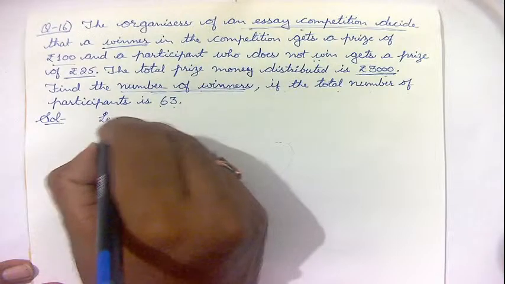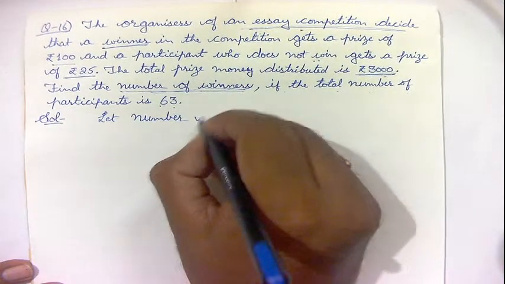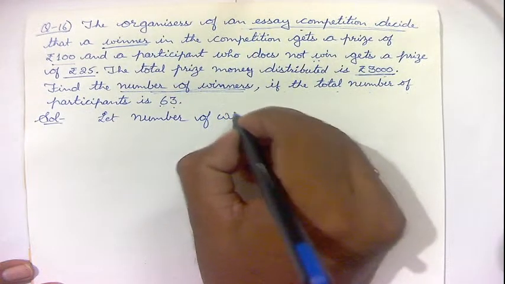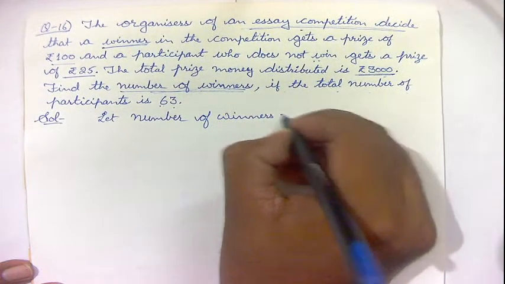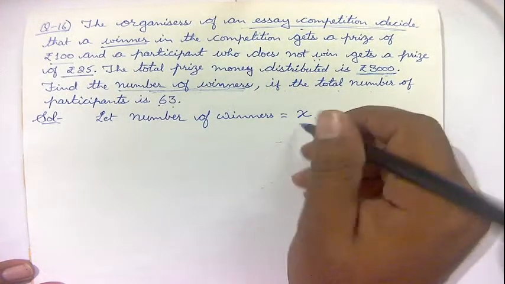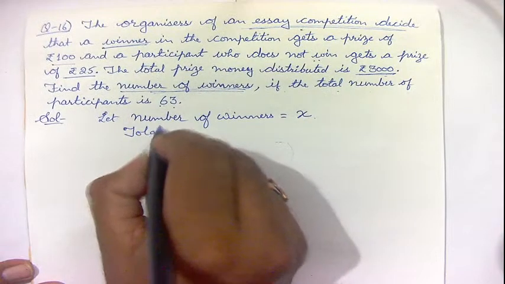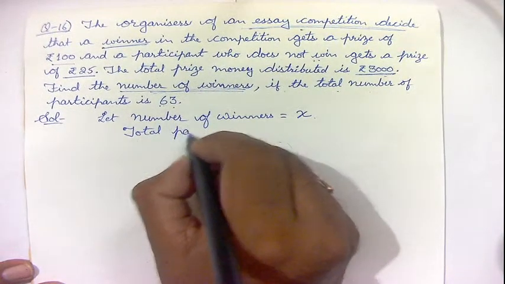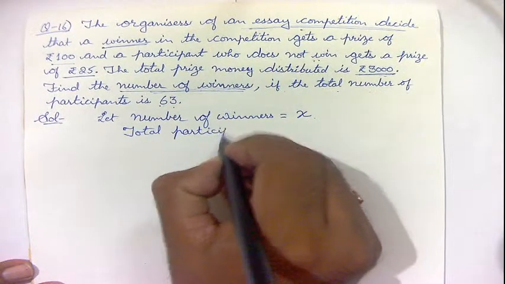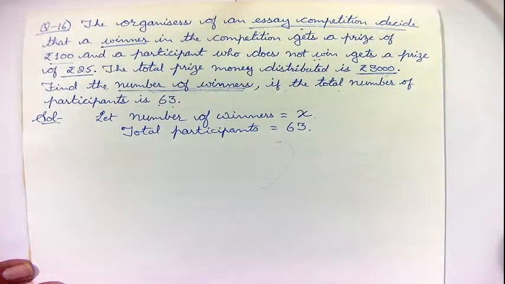So let us take number of winners as x. हम ये मानते हैं कि विनर्स कितने हैं x. Their total participants, they are 63 in number.